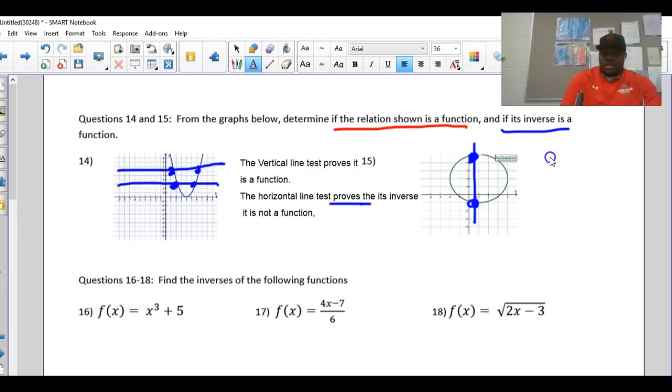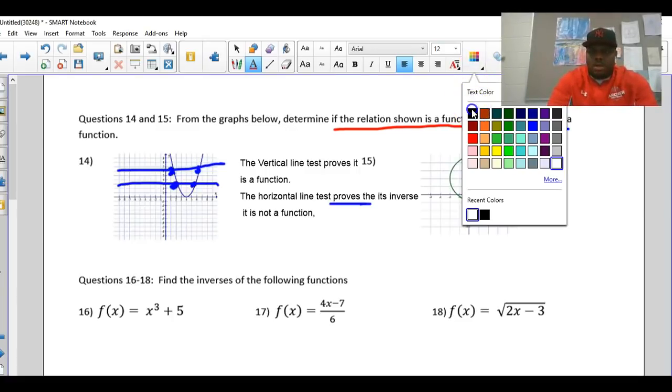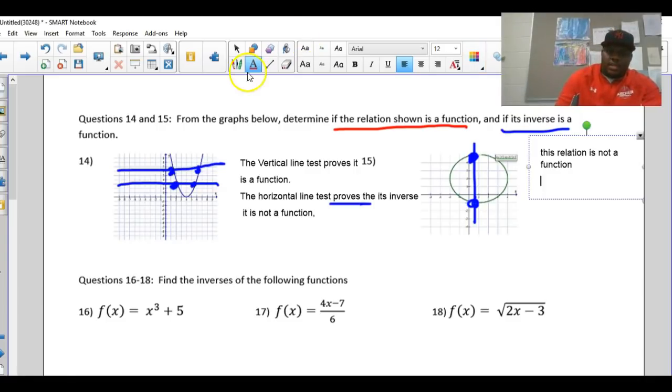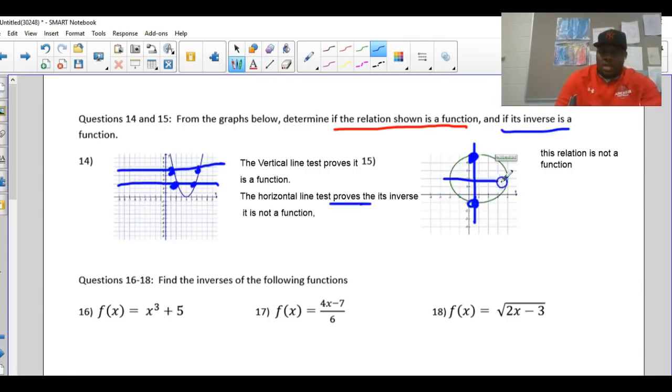All right, because it touches at 2 points, we just showed that this relation is not a function. All right, and if we do the horizontal line test, see how that touches twice? You can do it anywhere. Touches twice, see it?